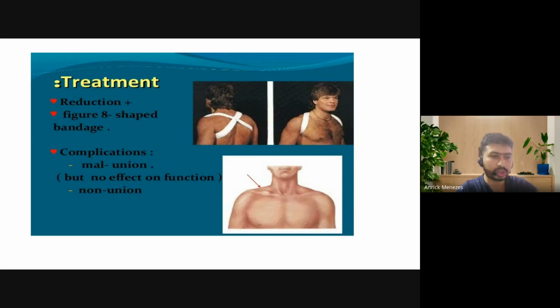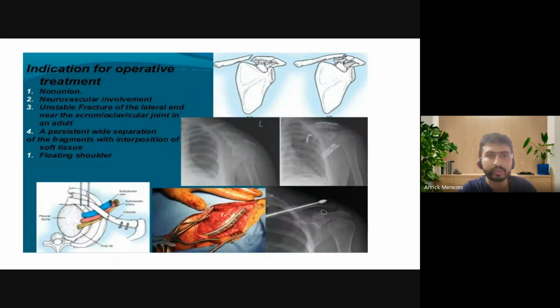Initially they manage through the sling. So why do we need indications for operative management? Initially I told you they will be managed through the figure of 8 sling or shoulder sling. Then the indications could be late complications which develop over a period of time: non-union, neurovascular involvement compressing a neurovascular bundle, unstable fracture of the lateral end at the acromioclavicular joint, a persistent wide separation of fragments, or one more major thing, your floating shoulder.